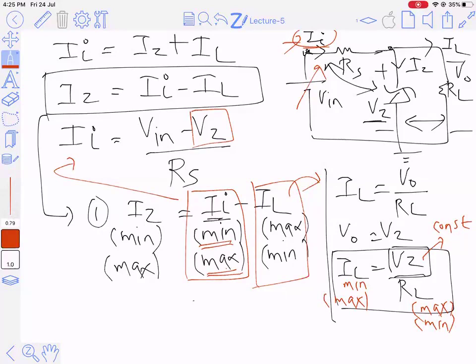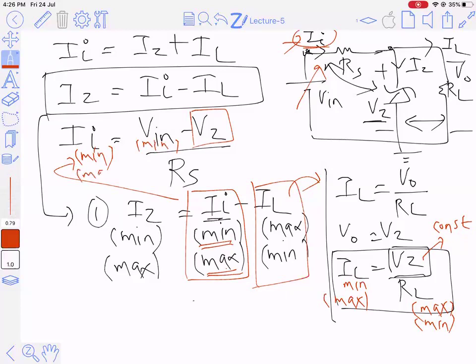So Vn is giving the supply, which means Vn also is varying. When II is minimum, Vn will also be minimum.